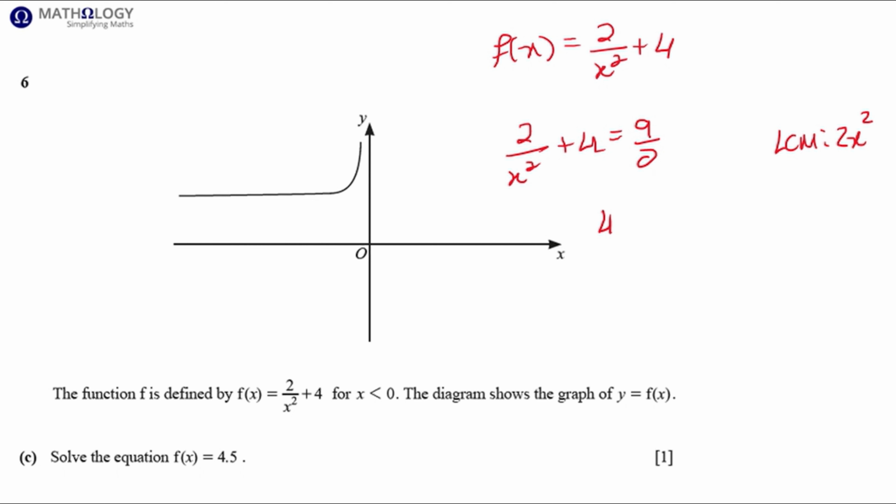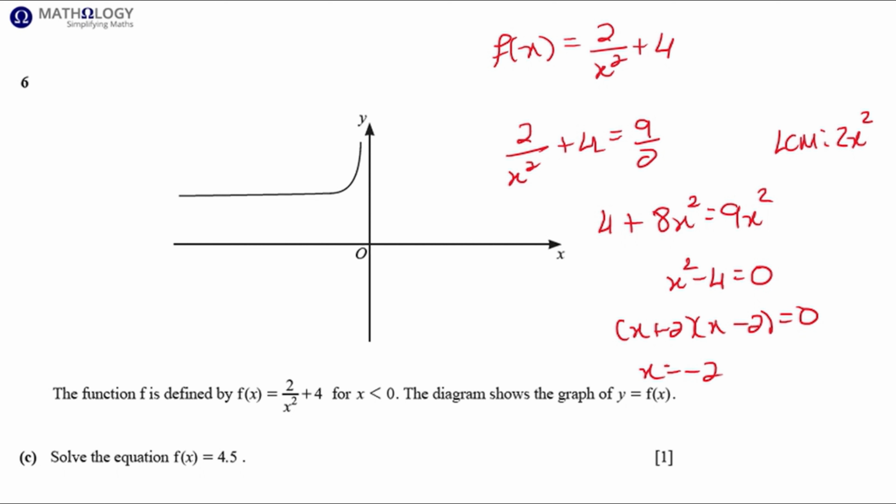So we'll have 4 plus 8x squared equals 9x squared. X squared minus 4 equals 0. X plus 2 times x minus 2 equals 0. X equals minus 2 or x equals 2. Because x is less than 0, x equals 2 is not applicable. So the only solution is x equals minus 2.